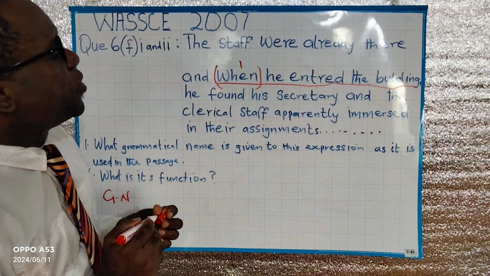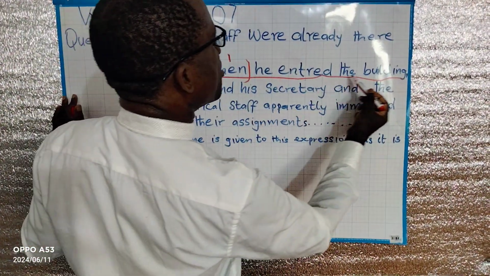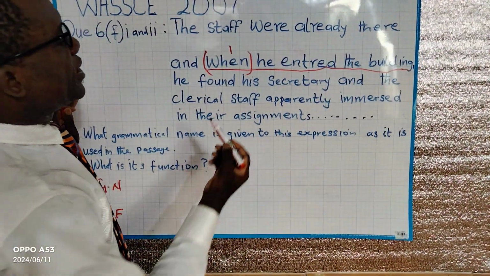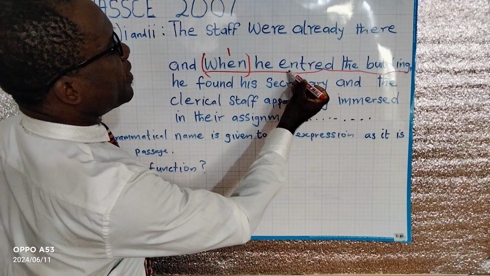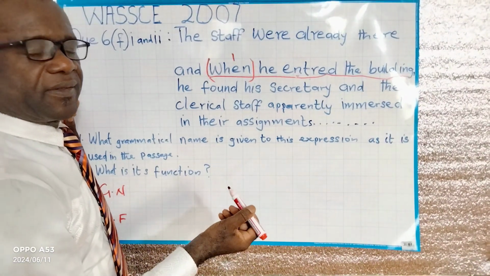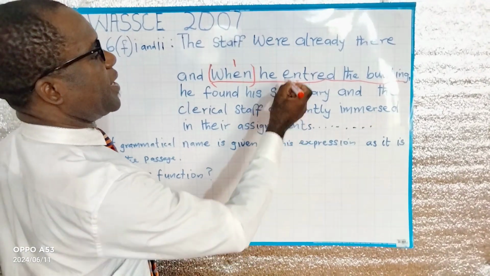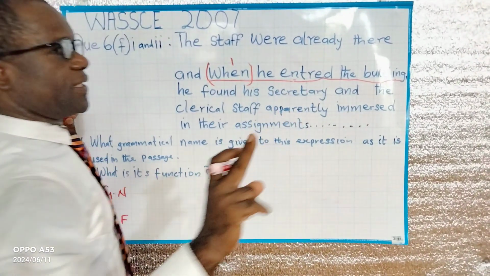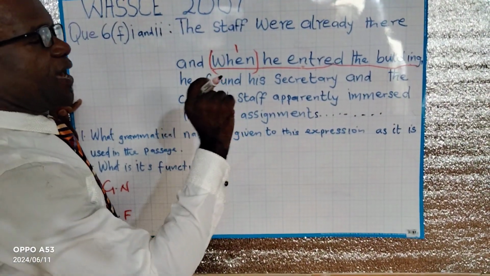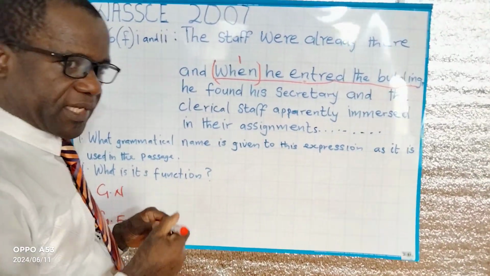Then test 2, we check if in the underlined expression there is a finite verb. Now let's check: when he entered. The word "entered" is the past tense of the verb enter. And don't forget that for a verb to be a finite verb, there are 2 qualities it must possess.